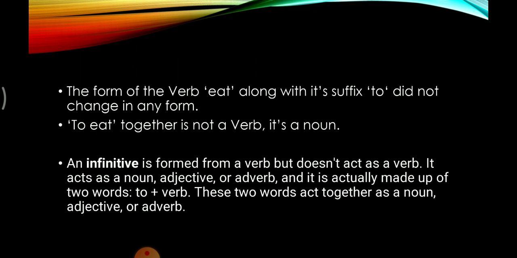Wherever you see to plus a verb next to it, it will be an infinitive. These 2 words act together as a noun, adjective or adverb. Okay, it's not that eat is a verb and again only eat is a noun. No. If eat is the verb, to it will be the noun. Make this very clear in your mind. Okay?